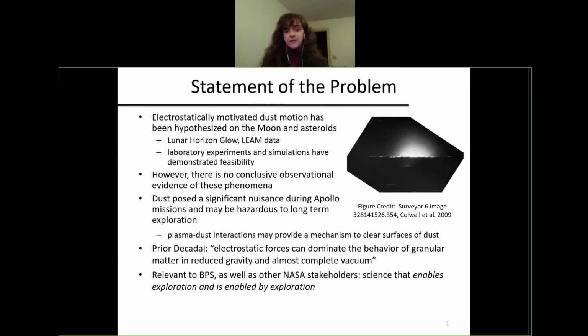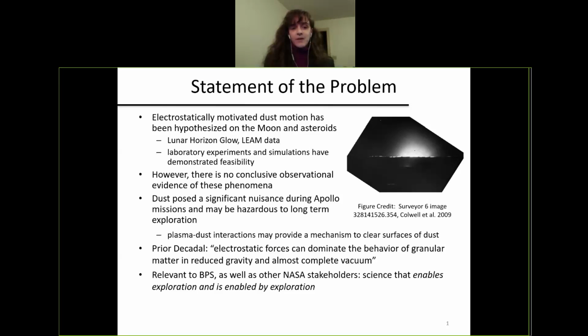So plasma dust interactions may be hazardous from an exploration perspective, but could also be exploited to provide a mechanism to clear surfaces of dust. The prior Decadal survey recognized the significance of electrostatic forces and understanding the behavior of granular materials, and there's still a lot more work to be done in this area.